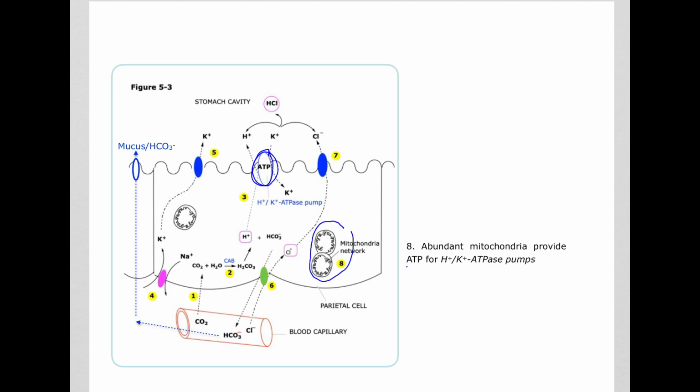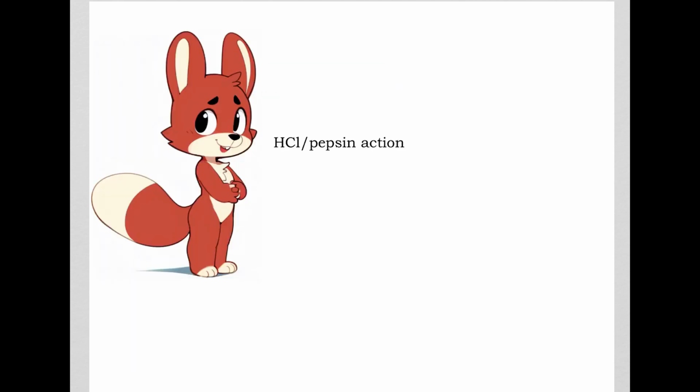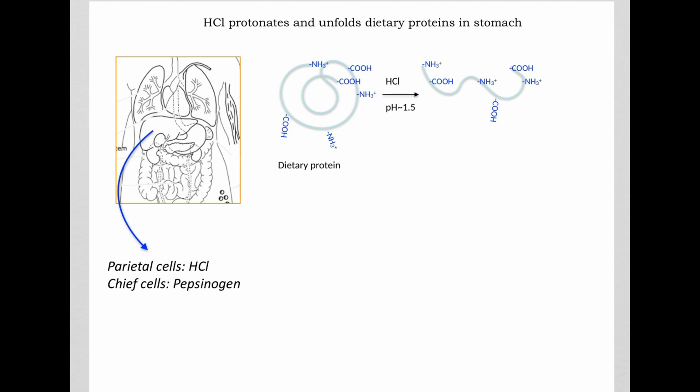And recall that most of the ATP production happens in the mitochondria. So now let's see how the presence of hydrochloric acid helps in the digestion of proteins. While the parietal cells are producing hydrochloric acid, the chief cells in the stomach produce an inactive enzyme called pepsinogen.